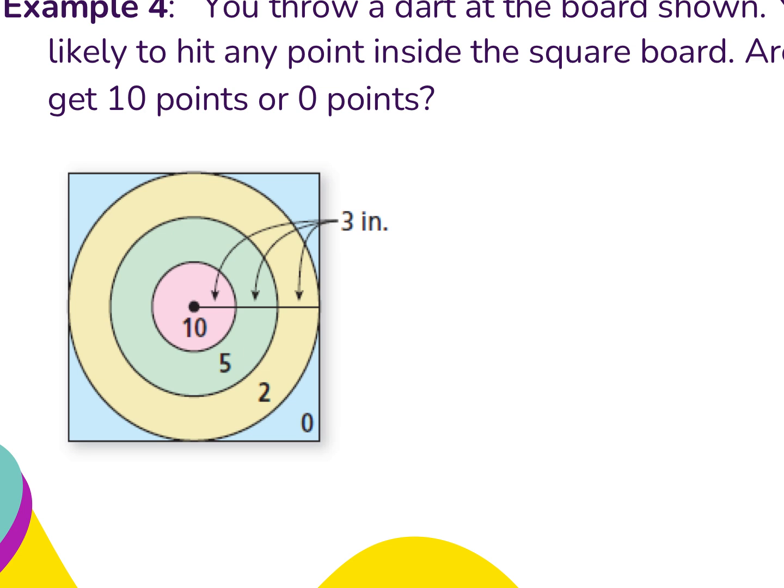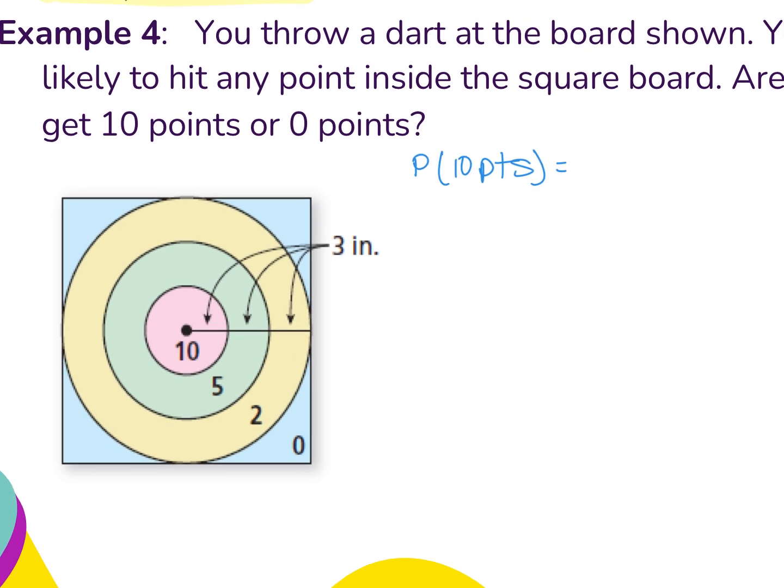Looking at it, I'm going to first find the probability of getting the 10 points. I have to find the area of my 10-point section.